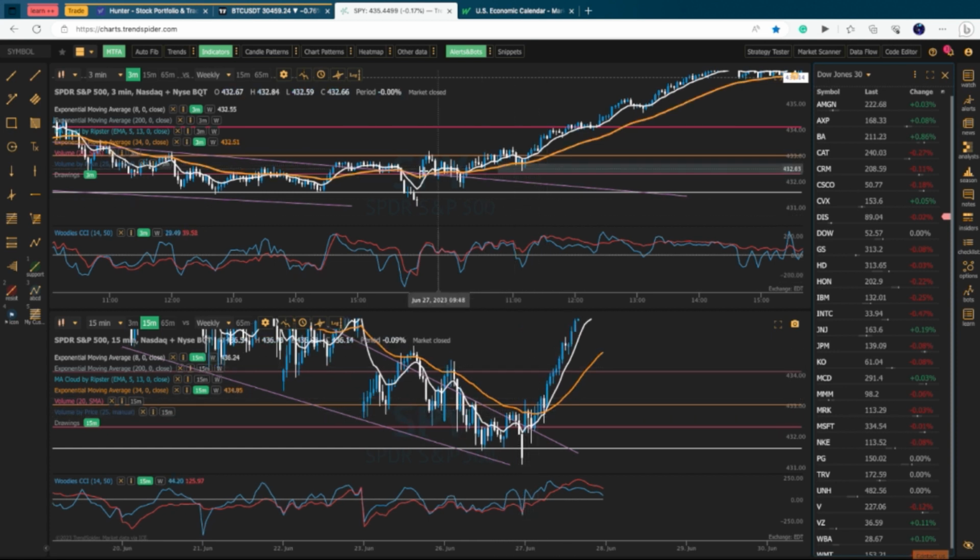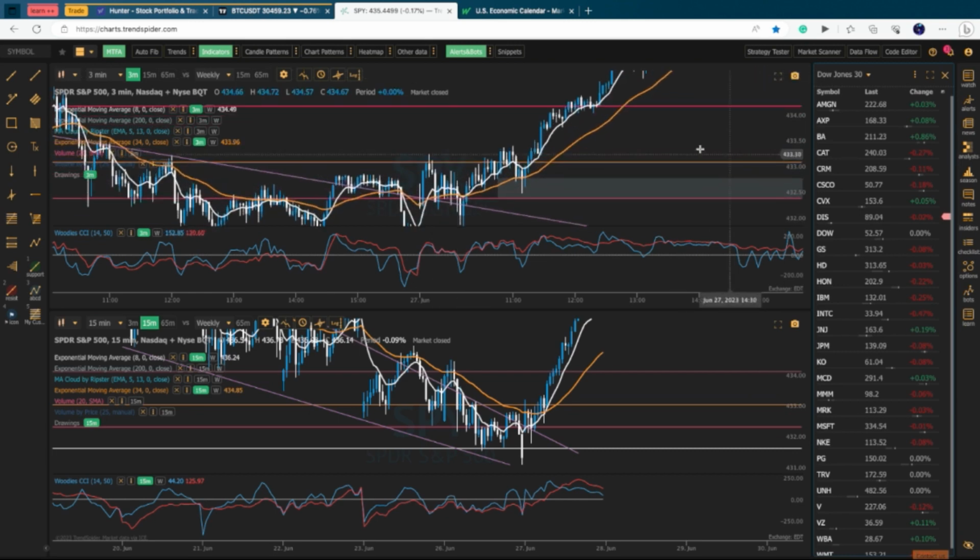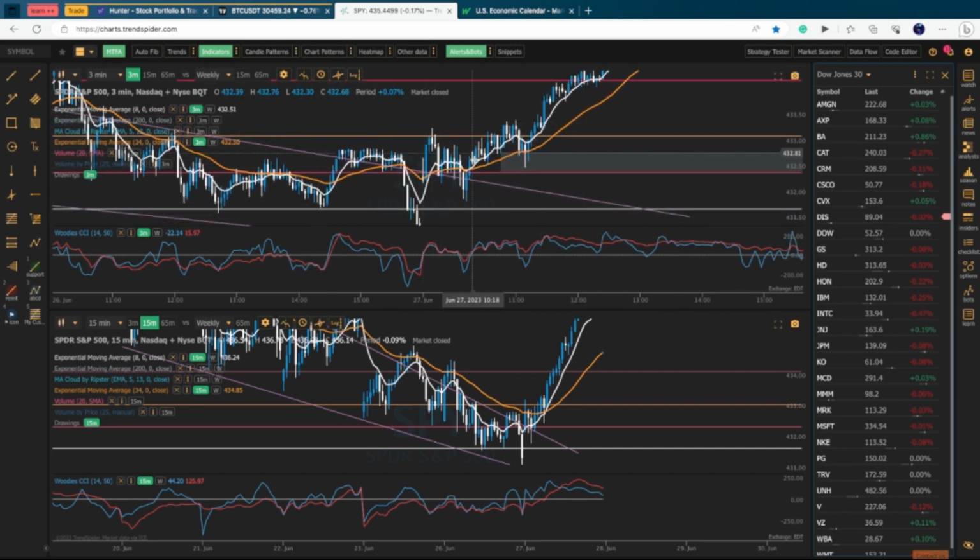So the 3 minute had us set up to where we were coming into the gap, but this one was already curling up. So the red was already moving up to come out of zero, and then the blue off the open was already above.